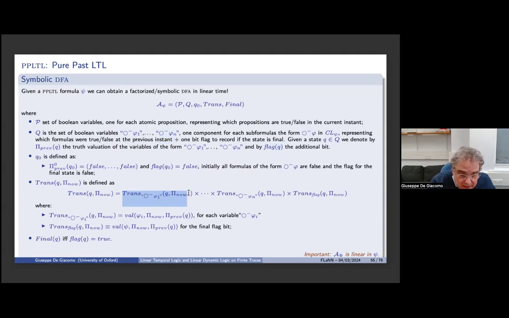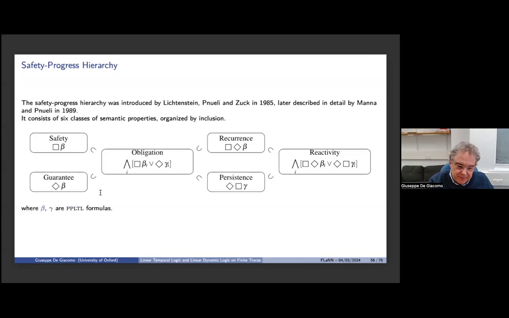And I can use that to actually create the transitions for the entire state. So the result of this is that I have a factorized symbolic version of the automaton in polynomial time with respect to the formula, which is really very interesting.